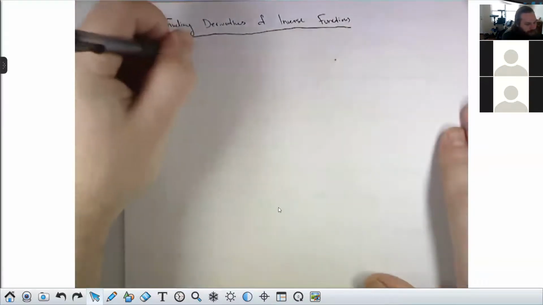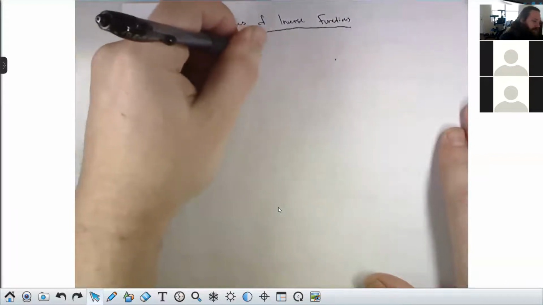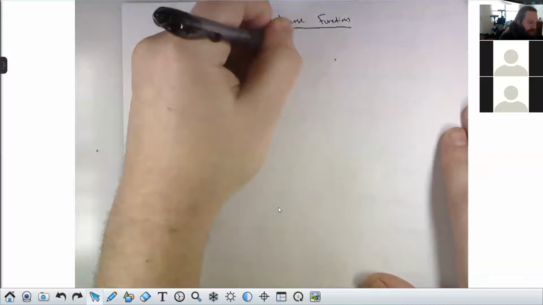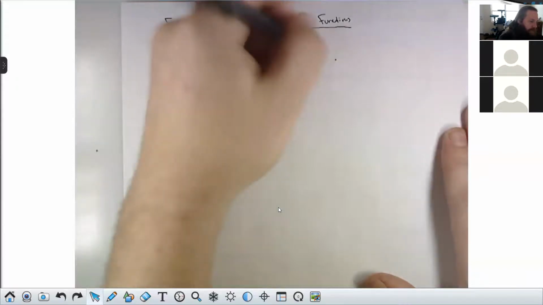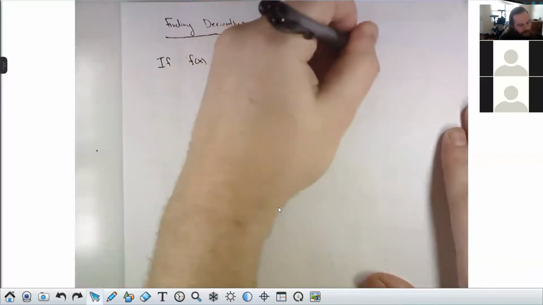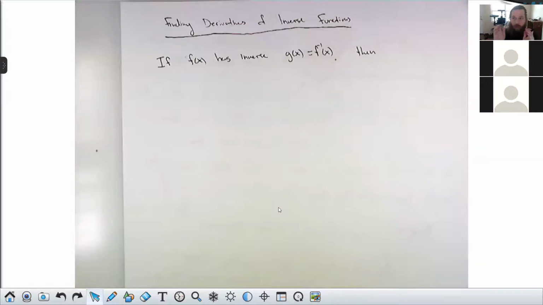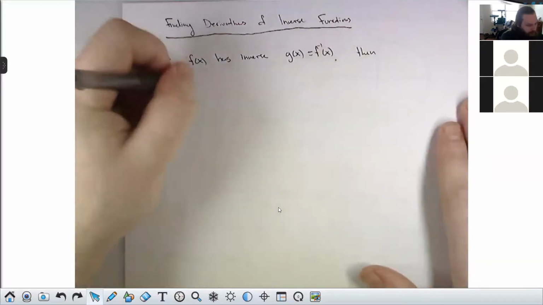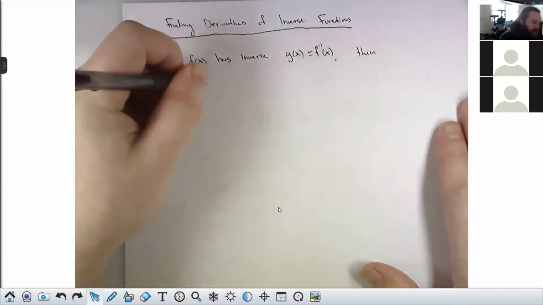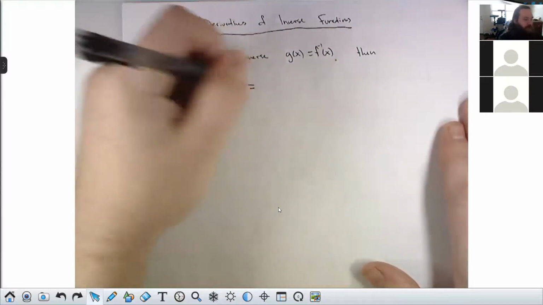If f of x has inverse, call it g of x, then, and maybe this only works locally, maybe this only works for some small interval of x values, that's fine. Then, how should I say this? F of g of x, what would this be?